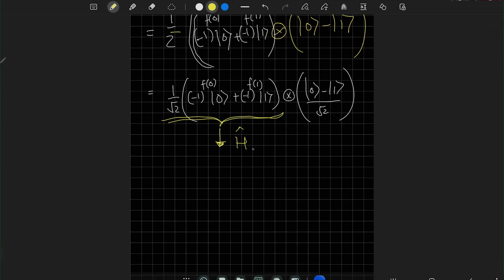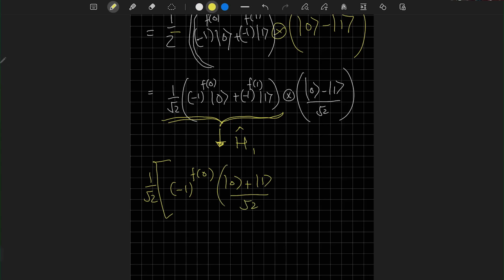On the first qubit. So 1 over root 2 (0 plus 1) for 0. Get 0 plus 1 over root 2 minus 1, therefore (0 minus 1).